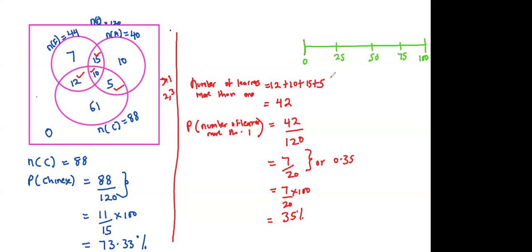There are words we must use depending on where our value lies. We have likely and unlikely, so we said this is very unlikely, this one is unlikely, this is likely, and this is very likely.